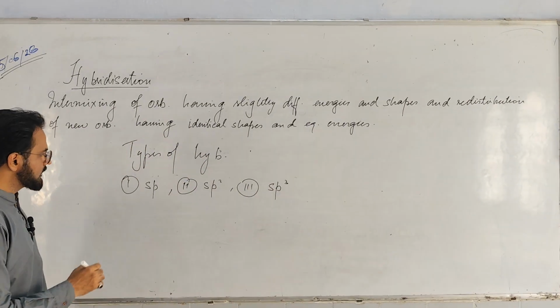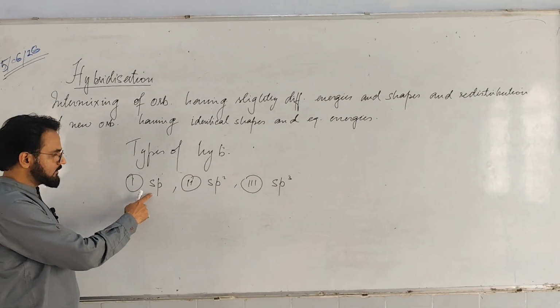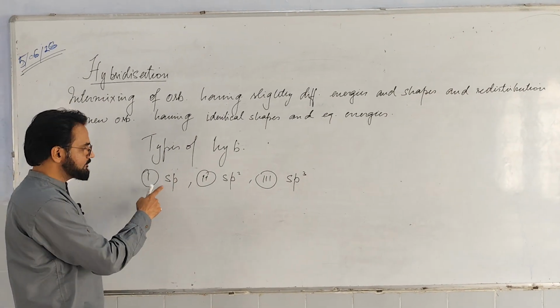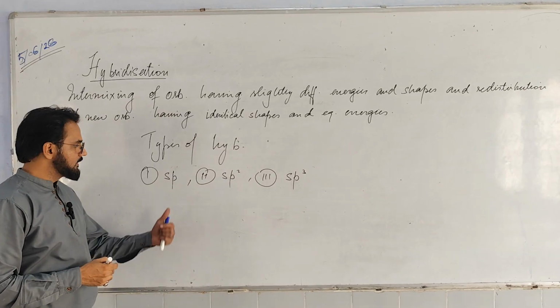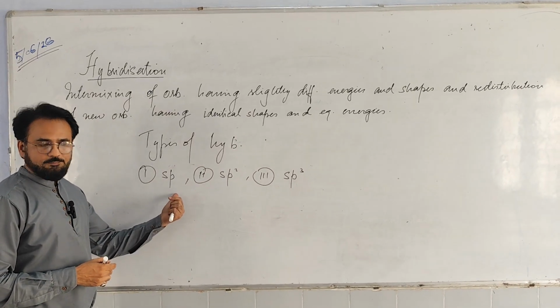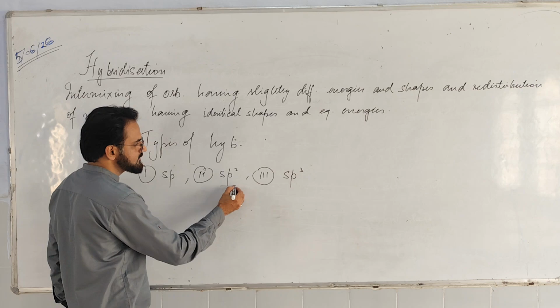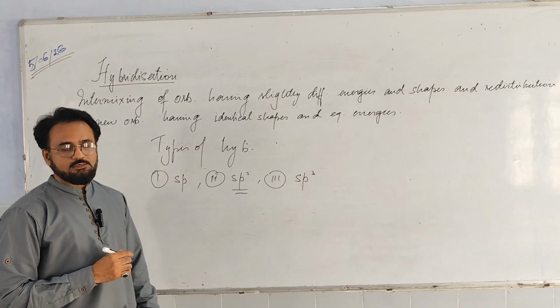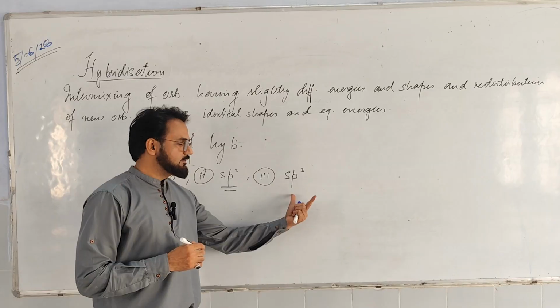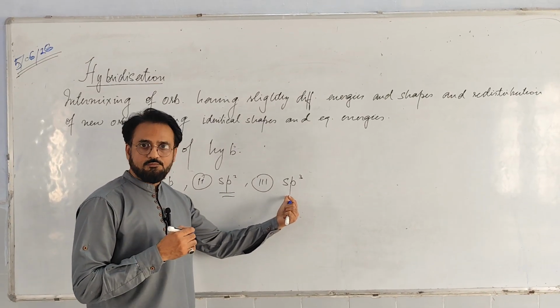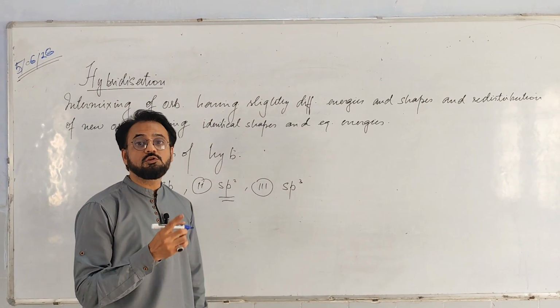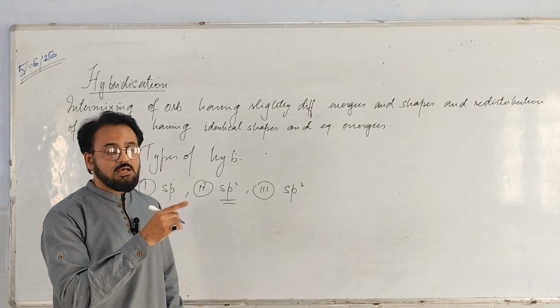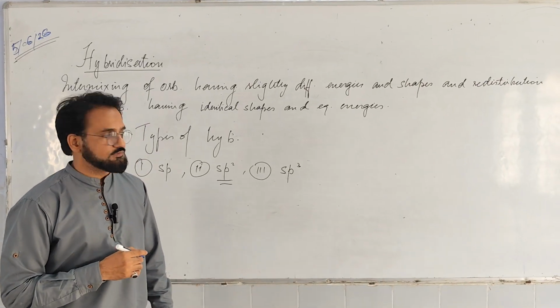As you can see, in sp there is only one s character and one p character. That means s character is 50% and p character is also 50%. In the second, there is one s character and two p characters, and in the third, one s character and three p orbitals are involved in this hybridization.